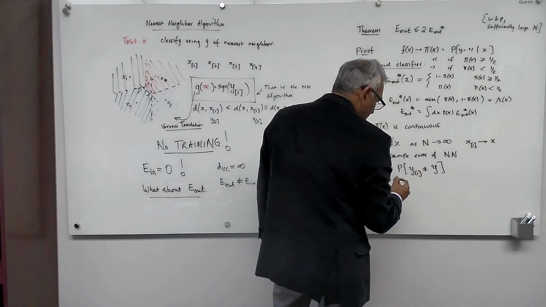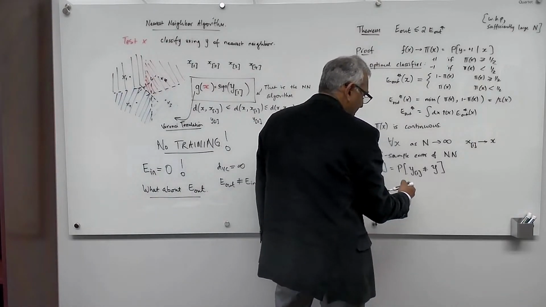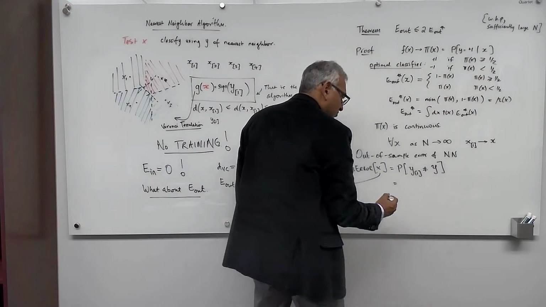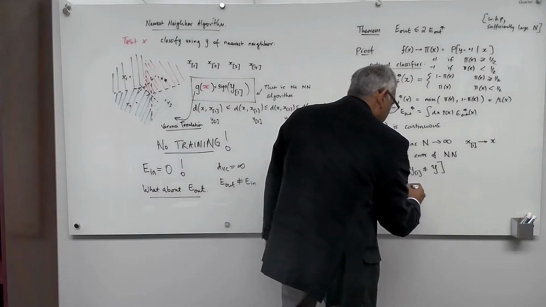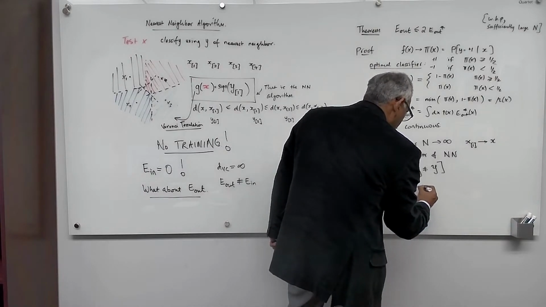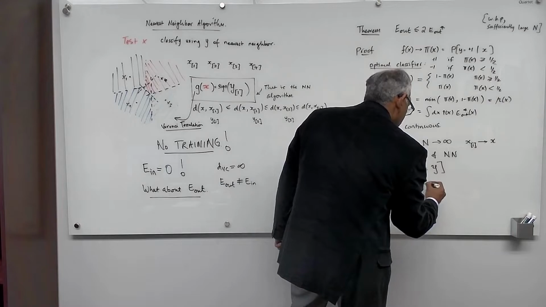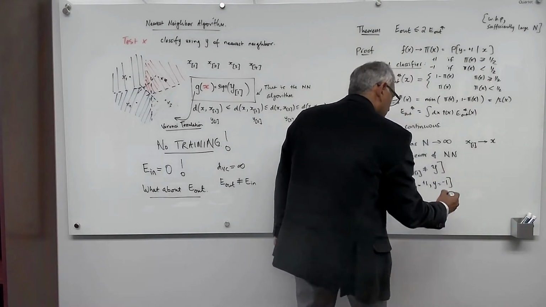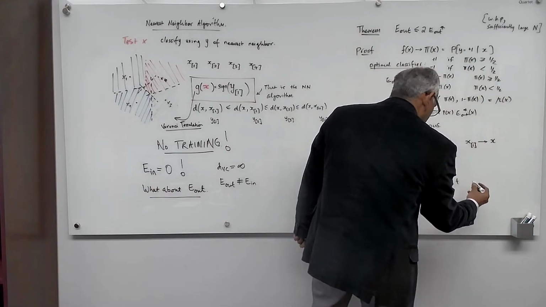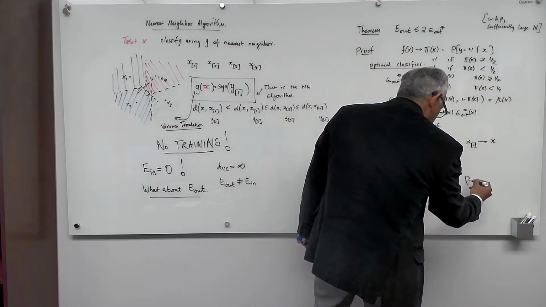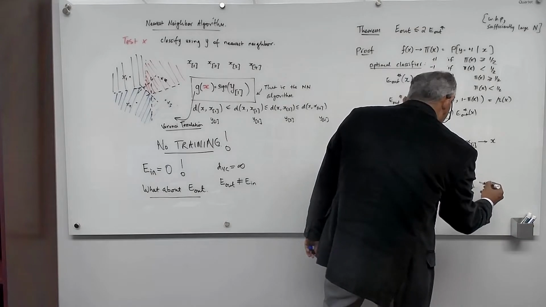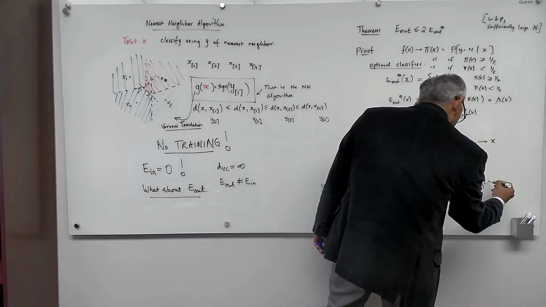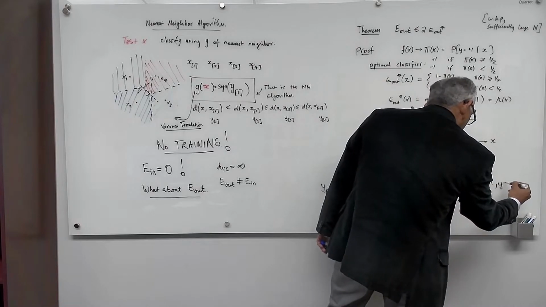There are two cases. This is equal to the probability that Y1 equals plus 1 and Y equals minus 1, plus the probability that Y1 equals minus 1 and Y equals plus 1.